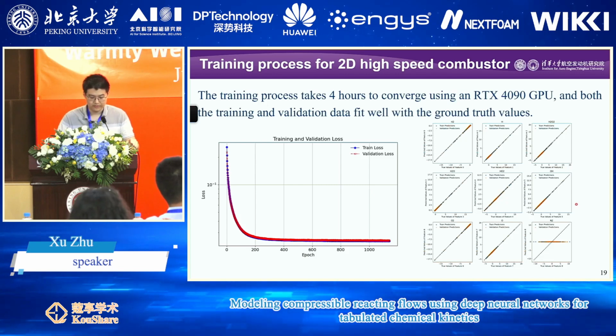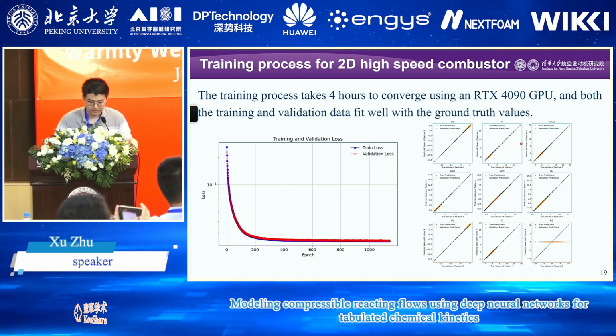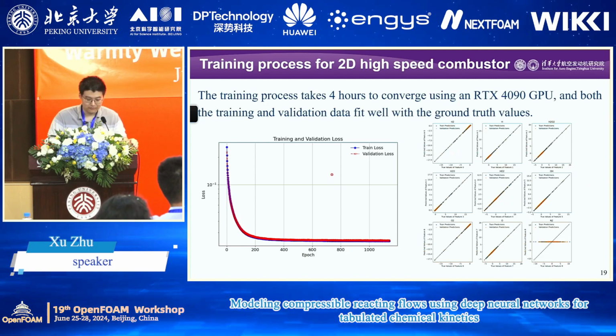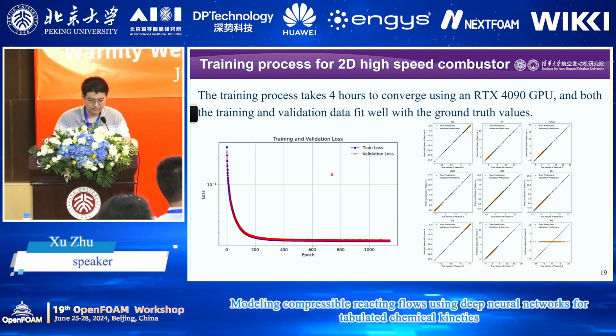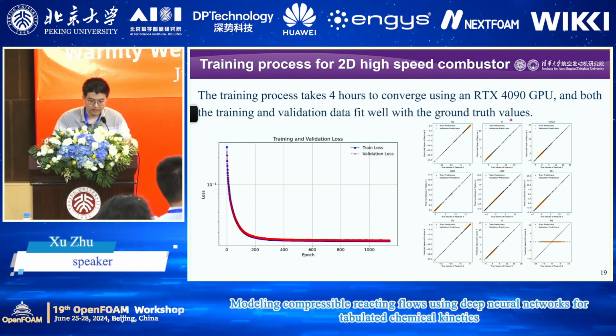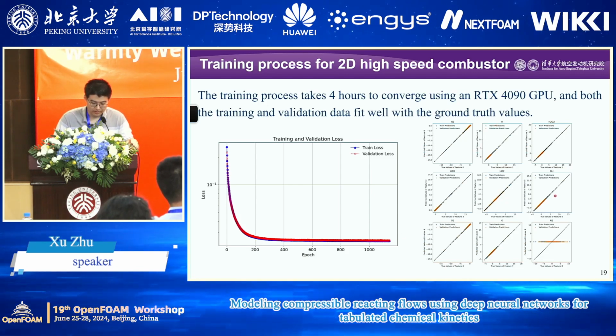We also train on the data for the 2D high-speed combustor, and because the data set is quite small, we only sample 10 snapshots, and it takes only 4 hours to converge using an RTX 4090. We also get a very good result.